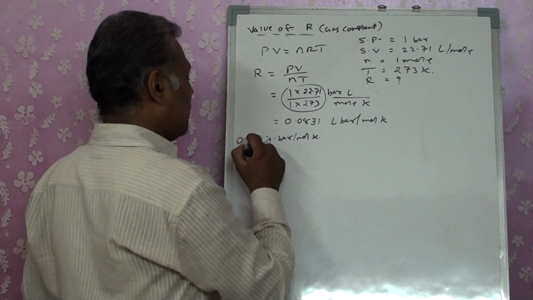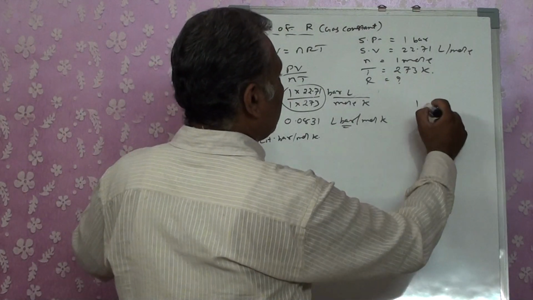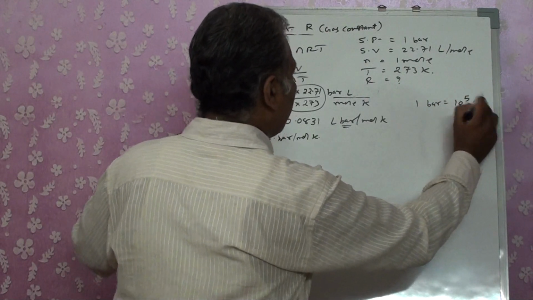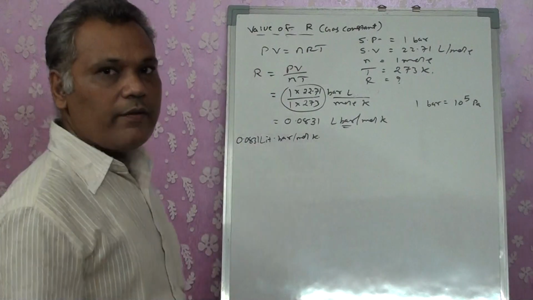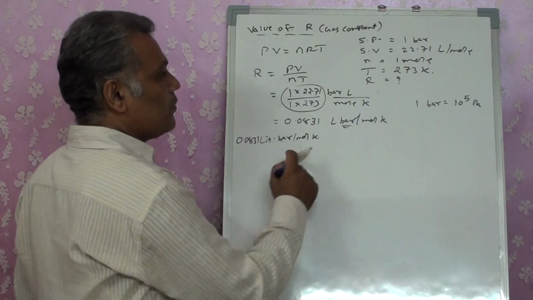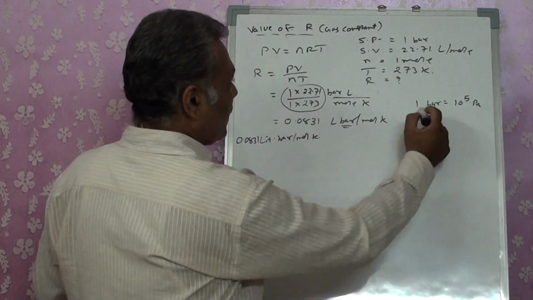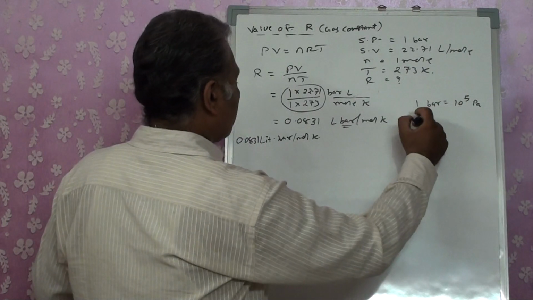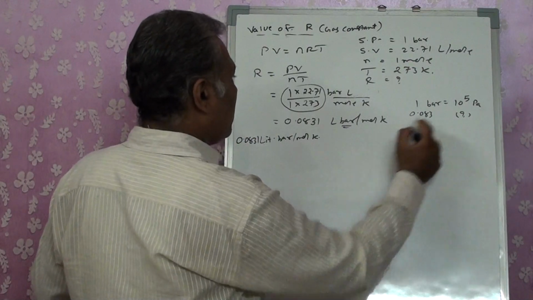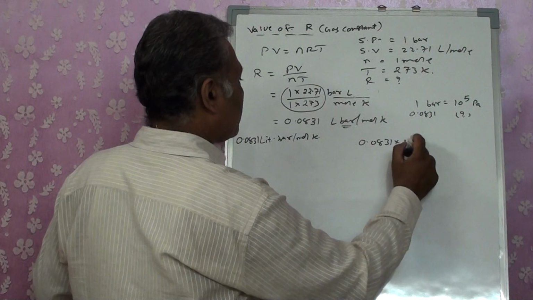So can I say 1 liter bar per mole Kelvin is 0.0831? I want to convert this bar into Pascal. Then we have the relation 1 bar is 10 raised to 5 Pascal, right? So I want to convert this liter bar into liter Pascal. So what will we be getting? 0.0831 into 10 raised to 5.